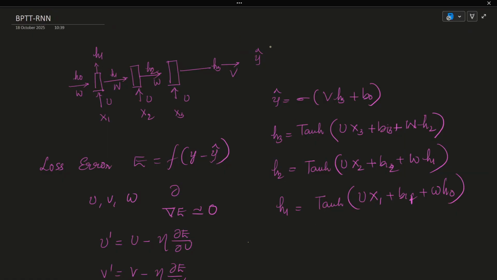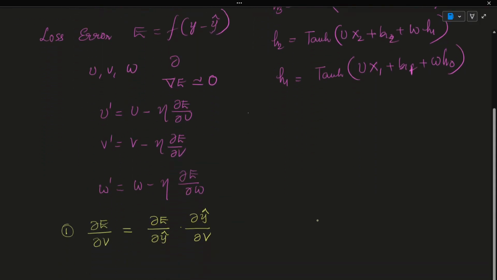Then, secondly, when we consider dou E by dou W, the situation is not that simple because we are calculating E here, and there we have one W here, so this will be influencing. Then we have W here, and W here. The summation of all these three. So this error depends on h3, and h3 will depend on W and h2.